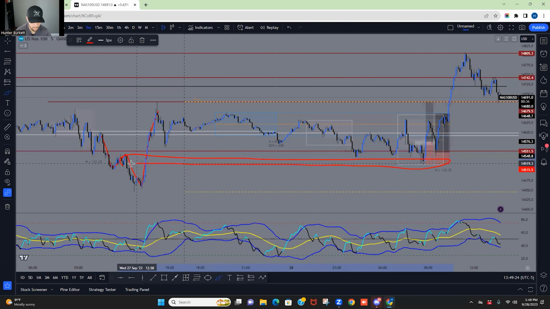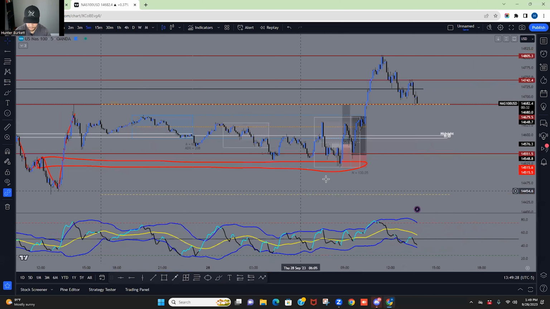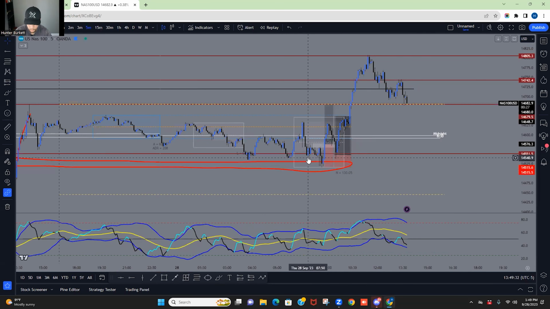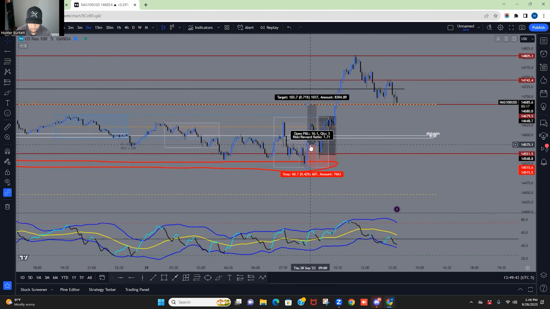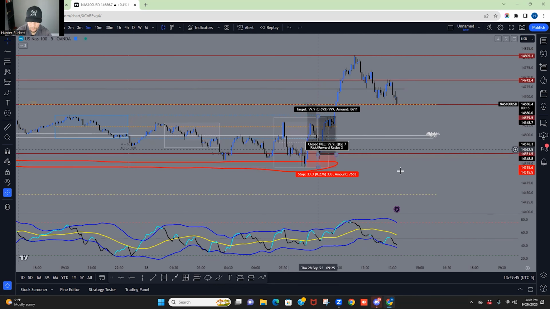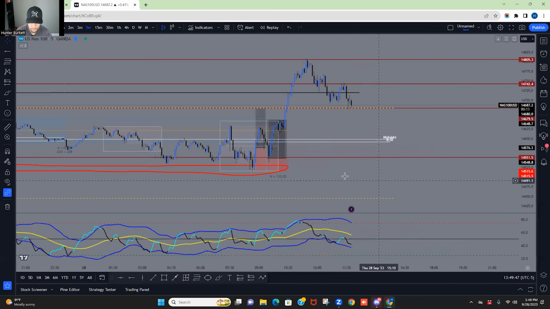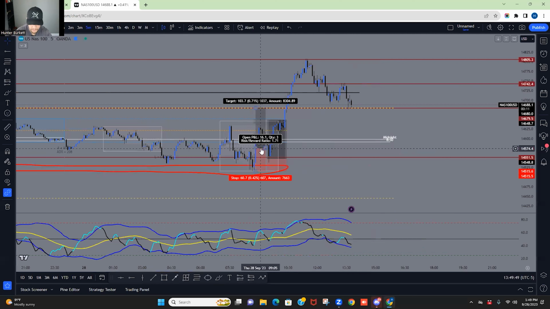Okay. Now, since we have that from yesterday, inefficiency, breaker, low comes up, lower low, displacement, break of structure right here. And get rid of this. Break of structure with a fair value gap. There's 2 entries. You could have entered right there on the top of the breaker, which I did here.